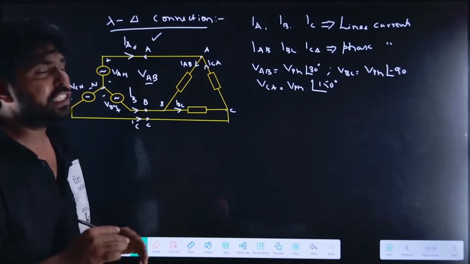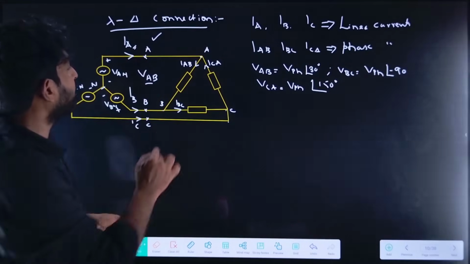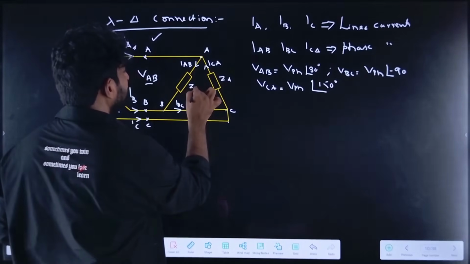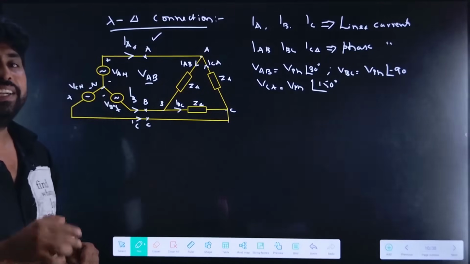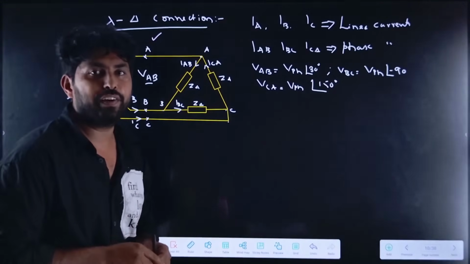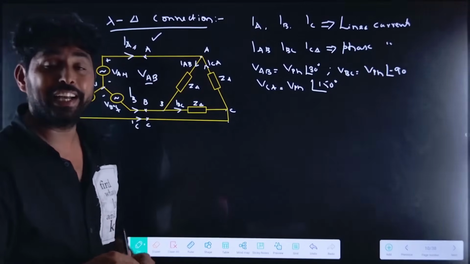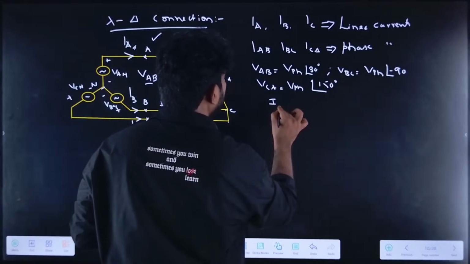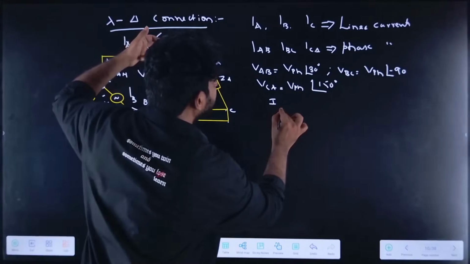Now let me call this Z delta. Let us find the relation between the phase current and line current in the case of the delta. What is IA?